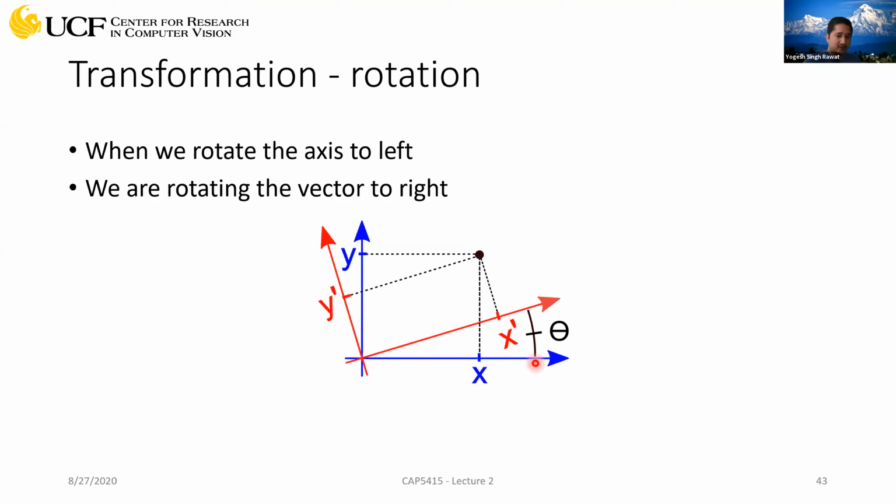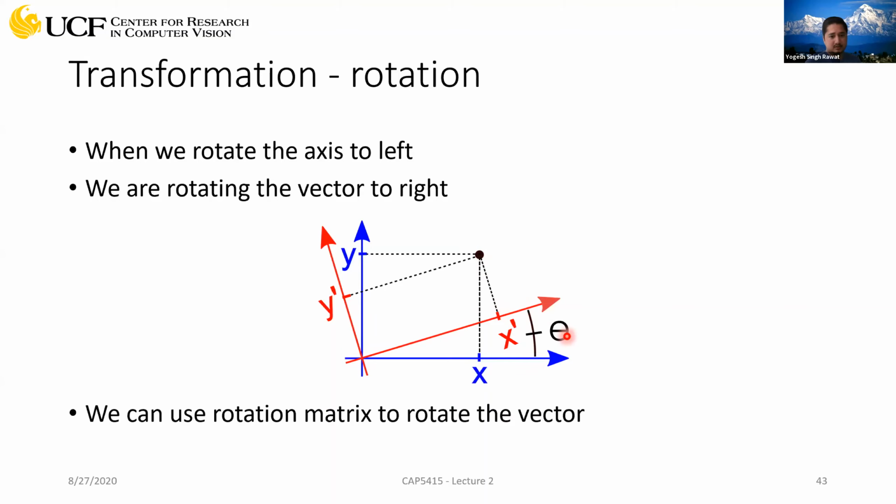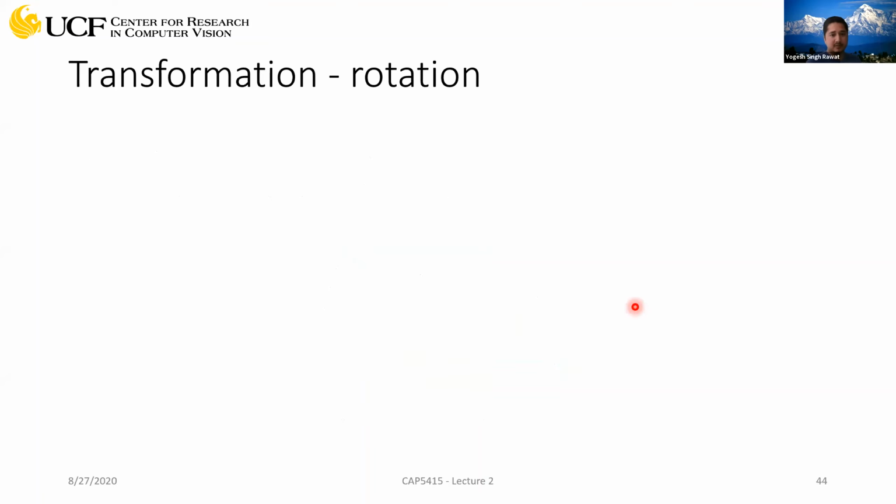When you rotate the axis by angle theta and you compute the representation of this vector on the new axis, which is x prime and y prime, it's like you are rotating the point towards right by an angle theta. So it means that you can use that rotation matrix to rotate the Cartesian plane, and you can use the same rotation matrix to rotate a point in that plane, but the direction will be different. It will be opposite to each other.